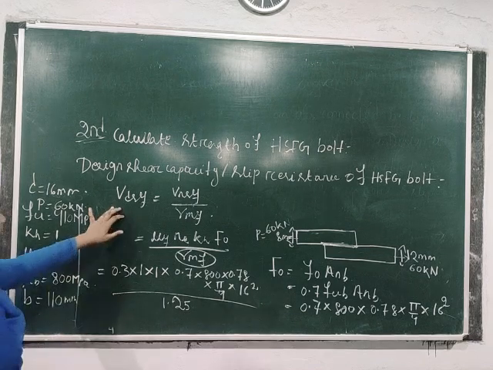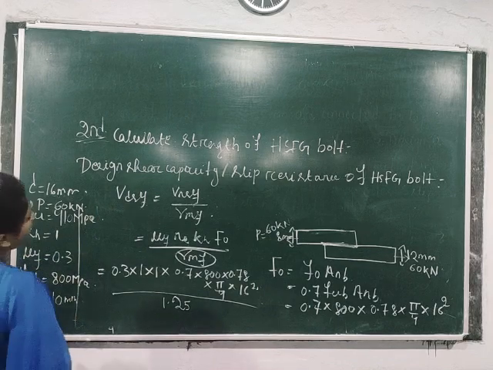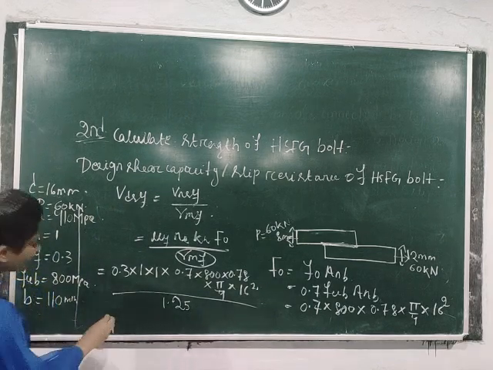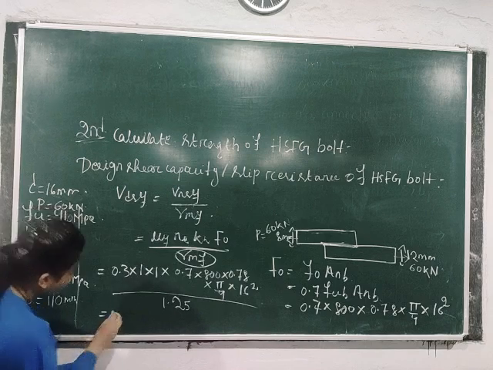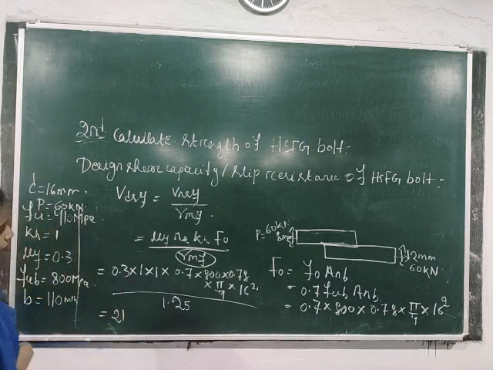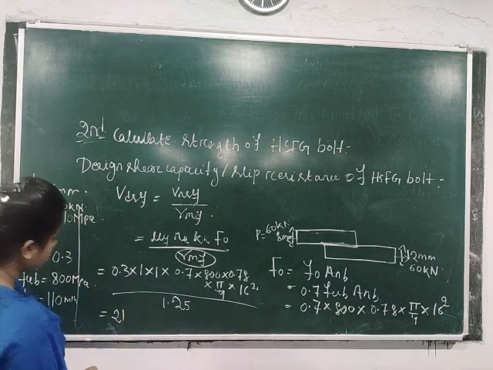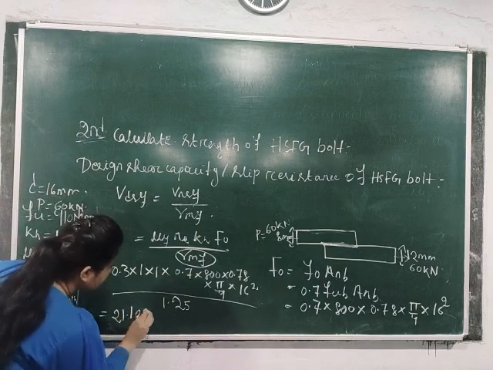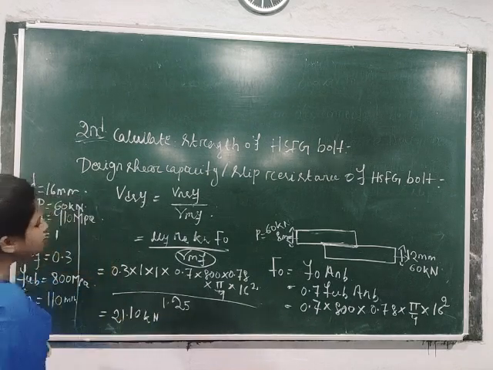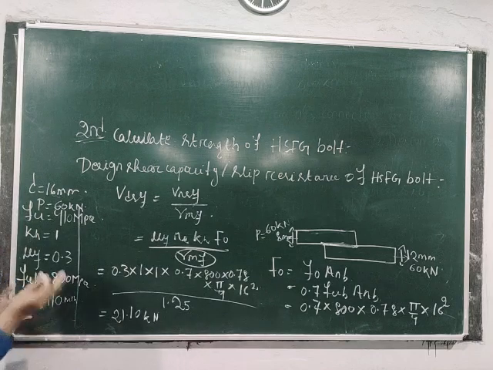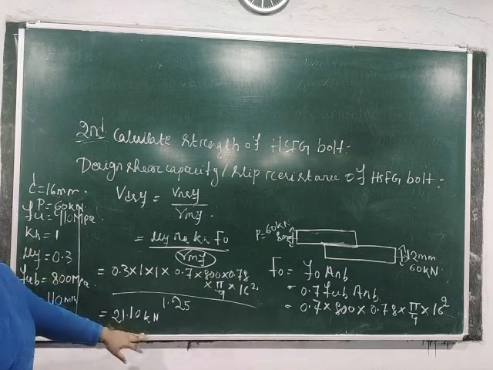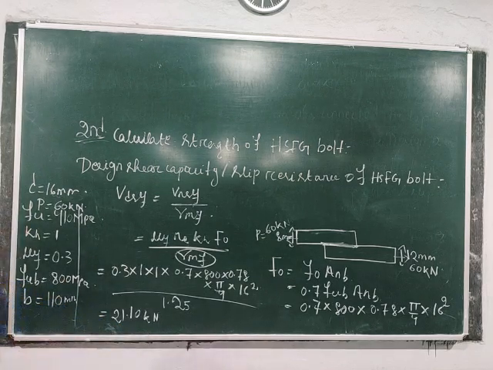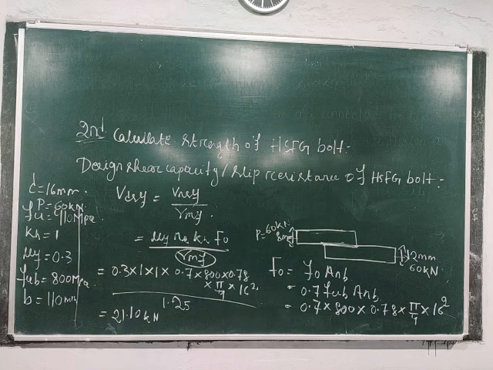So the value of design shear capacity of HSFG bolt is coming 21.10 kilonewton. Okay, so this value will come in Newton, then just convert into kilonewton.